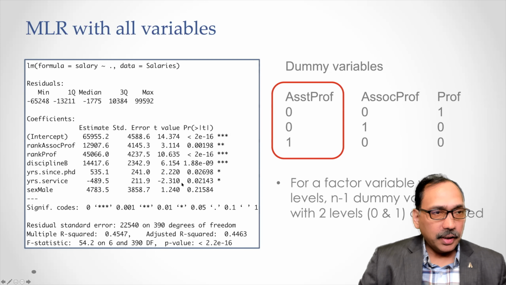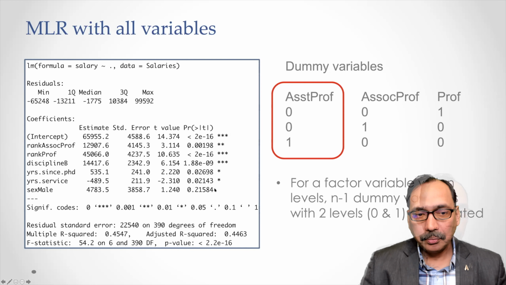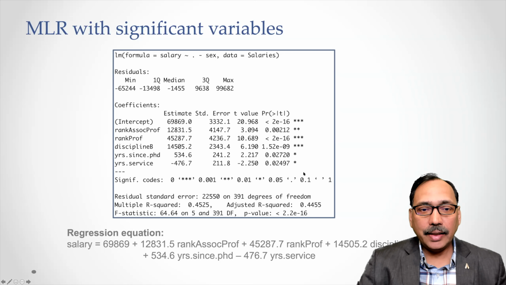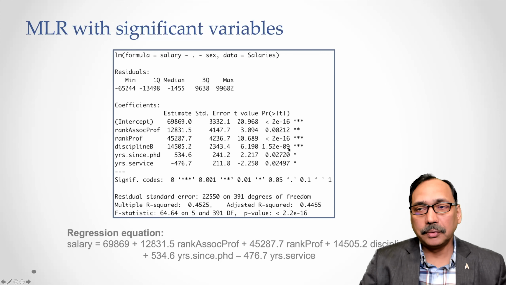Now when we look at p-values, we find that the variable named sex is actually not statistically significant. So we can do dot minus variable sex, and then we have a model where only the variables that are significant are included.